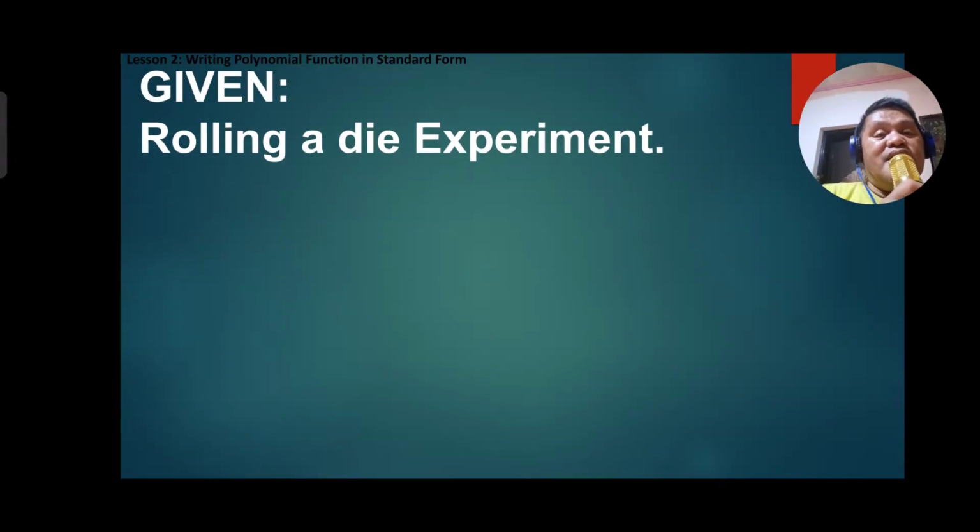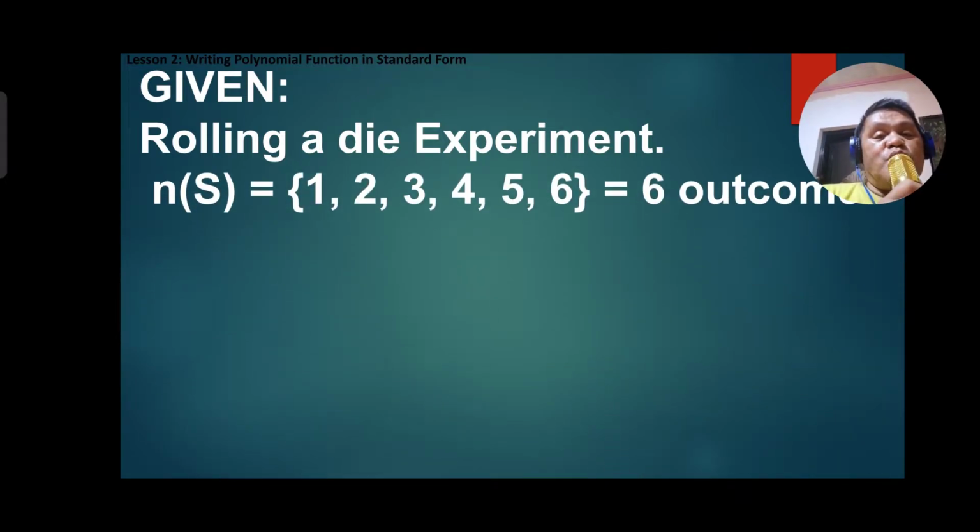Given that this is rolling a die once, the outcomes in the sample space are 1, 2, 3, 4, 5, and 6. So there are 6 outcomes in the sample space.